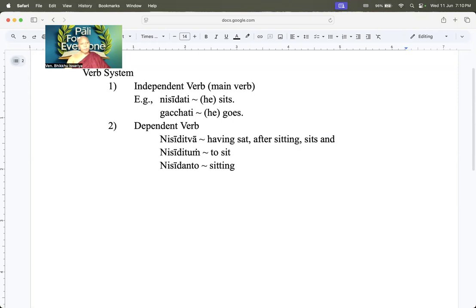So the number one, independent verb, at least includes three parts. So root, and then affix, and then verb ending, or verb termination.